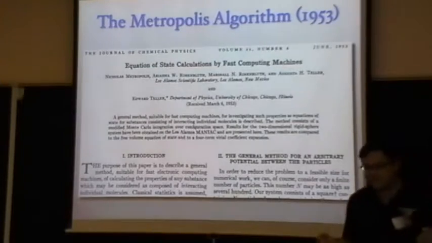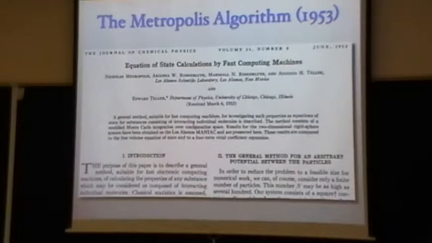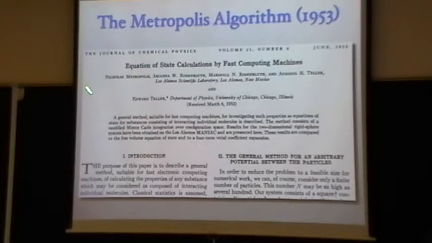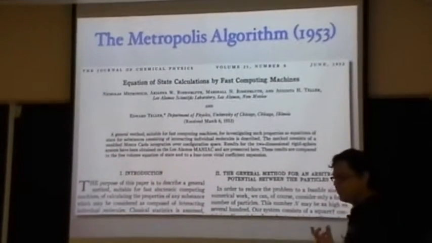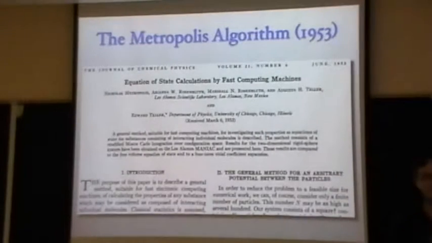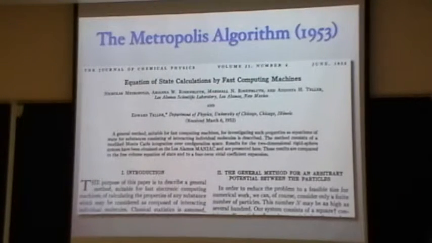But the main problem they had was they had this big machine and they didn't know what to use it for. We had similar problems recently, and that's what Schulthess will tell you about later. So, Metropolis asked what could we do with this fast machine, and he had the idea that one could mix the sampling idea by Ulam with the rejection method of von Neumann and use that to sample physical systems.